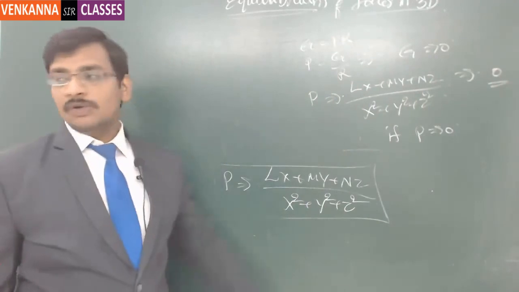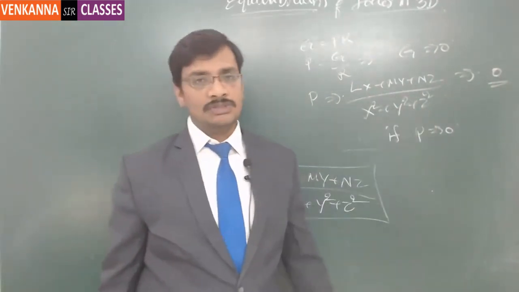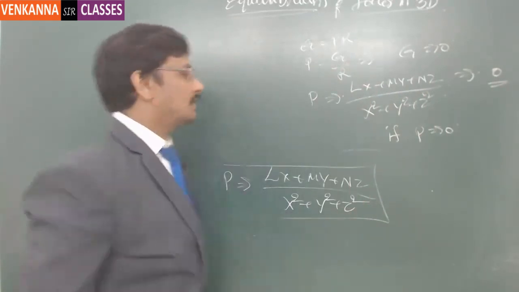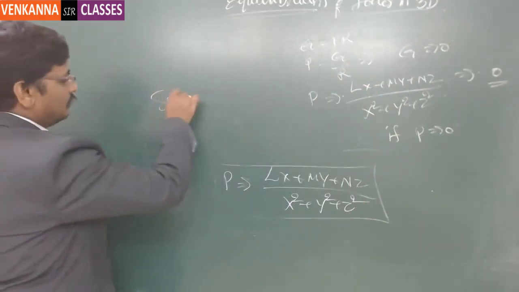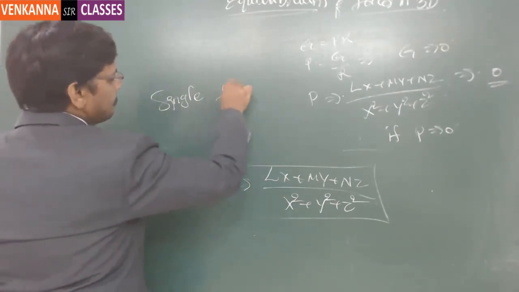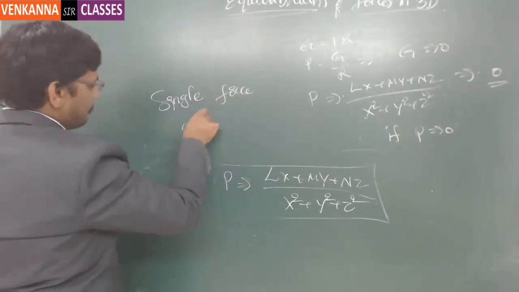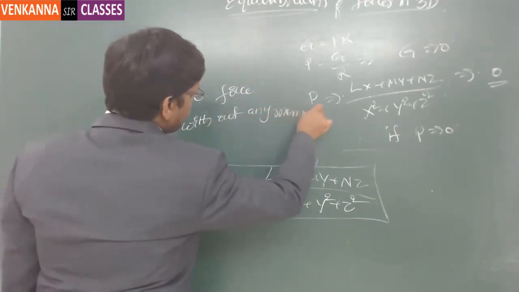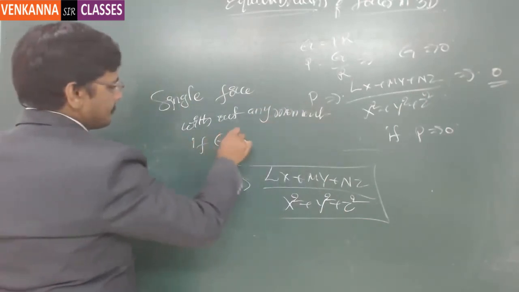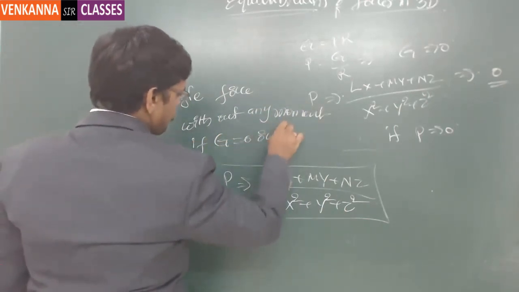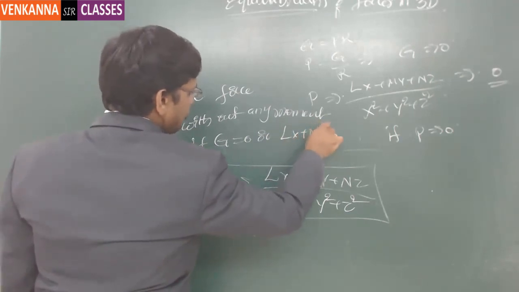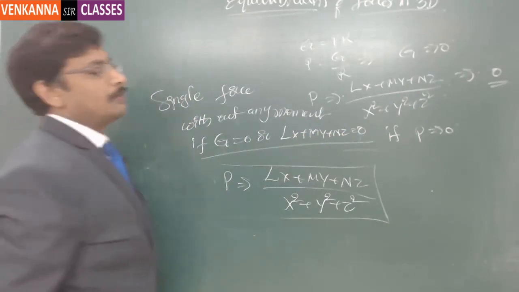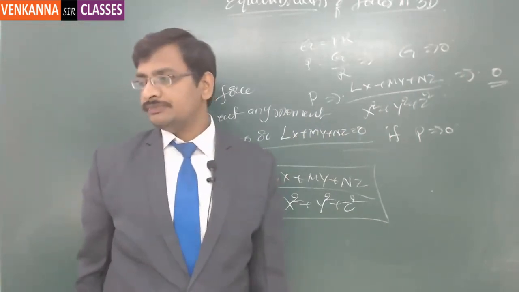That means if the numerator Lx plus My plus Nz is equal to 0, or if G is equal to 0, in both scenarios it results in a single force without any moment. So these are the fundamental understandings, you should be having it. Got it?